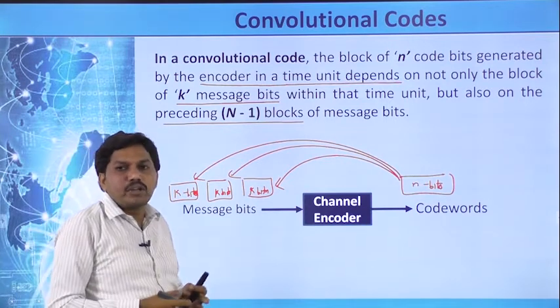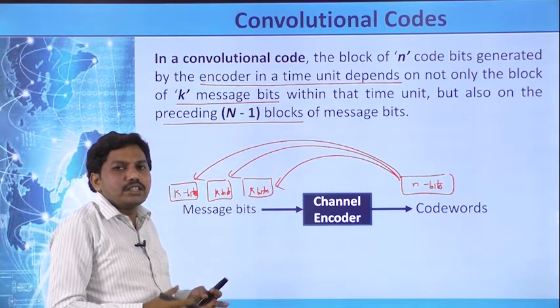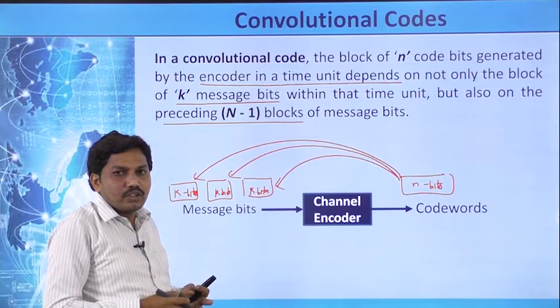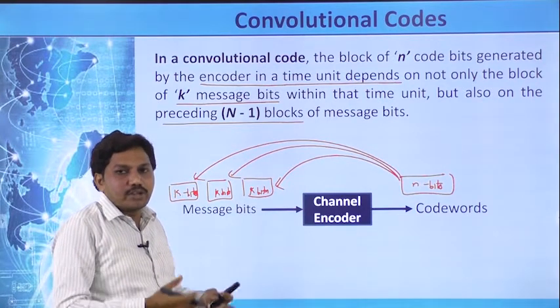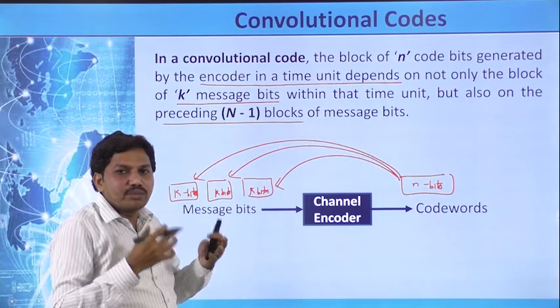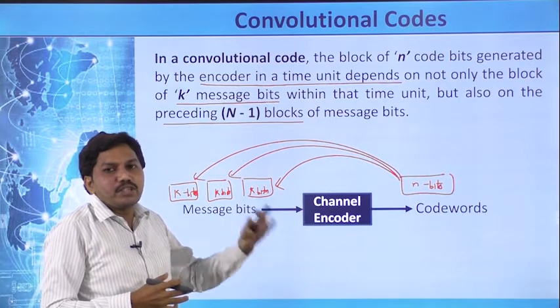A simple example: block codes are like the percentage of each semester. Convolutional codes are simply your aggregate percentage. So that means the aggregate percentage depends upon the present semester results as well as the previous semesters' pass percentage.